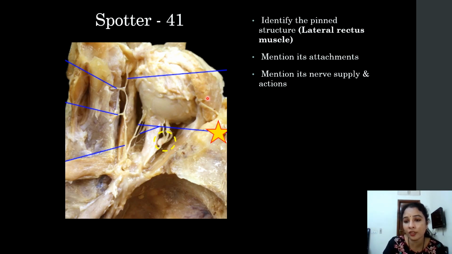To say exactly, it gets inserted 7 mm from the limbus, 7 mm from the sclerocorneal junction. So that is about the attachments, nerve supply, and action of the lateral rectus. Lateral rectus helps in abduction of the eye.